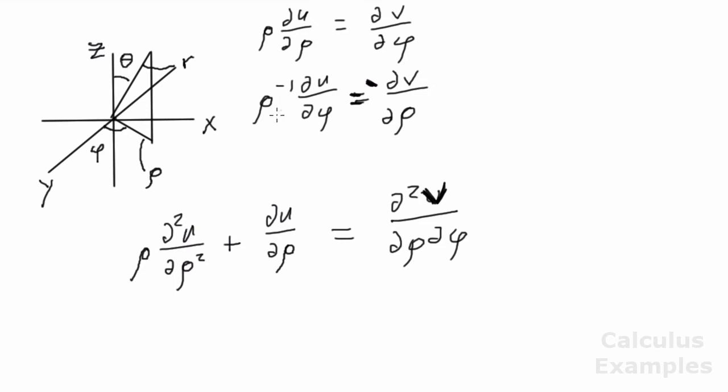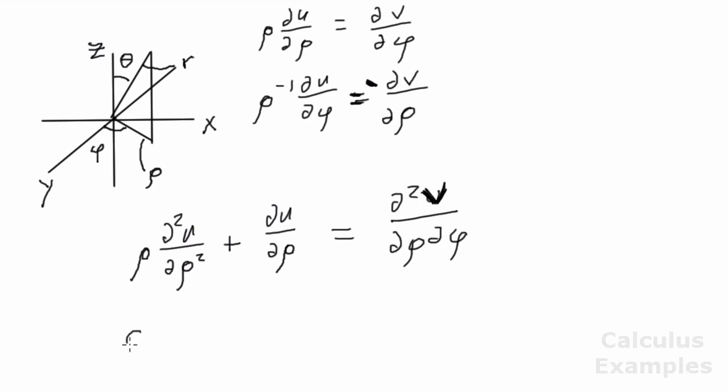All right, let's do equation 2. We're going to take the partial derivative of equation 2 with respect to phi. So here, the first factor does not involve phi. It's only the second factor of this left-hand side that involves phi, so things are pretty straightforward here.